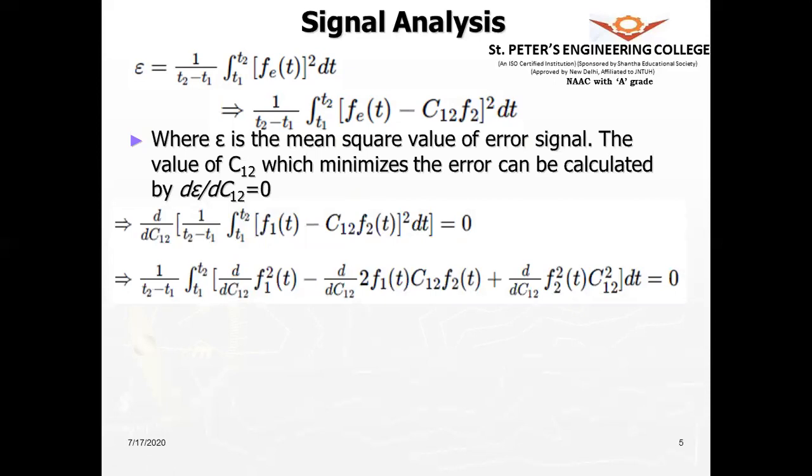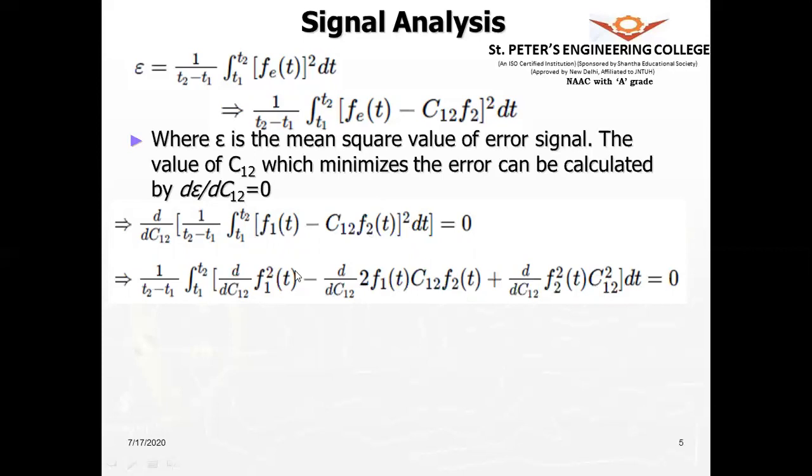So therefore, when you differentiate, before applying the differentiation rule, if you take f1 of t minus c12 f2 of t whole square, you get f1 square of t minus 2 f1 of t c12 f2 of t plus f2 square of t c12 square. So this is what we get.